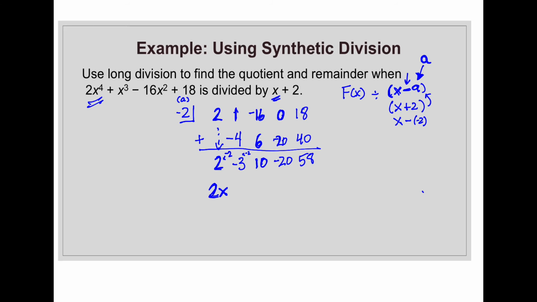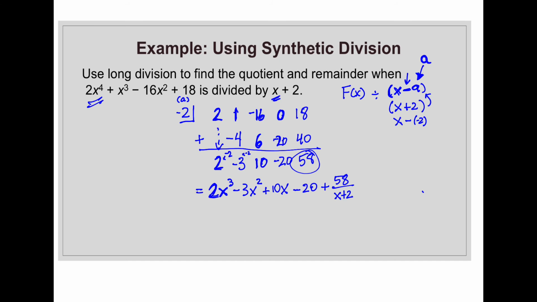So x to the fourth, so this is going to be an x to the third. Next, minus 3x squared plus 10x minus 20. That's 20x to the 0, so no x term. This 58 is my remainder, 58 over x plus 2.